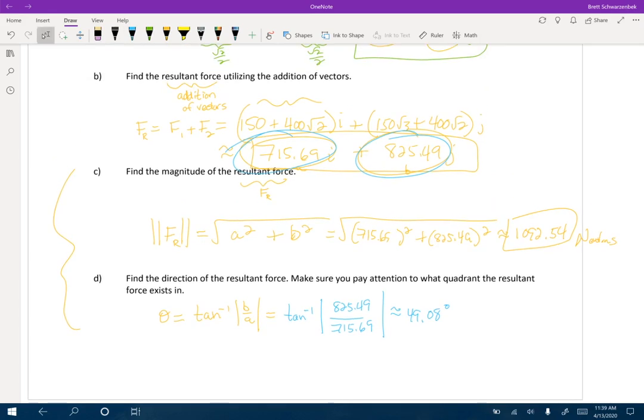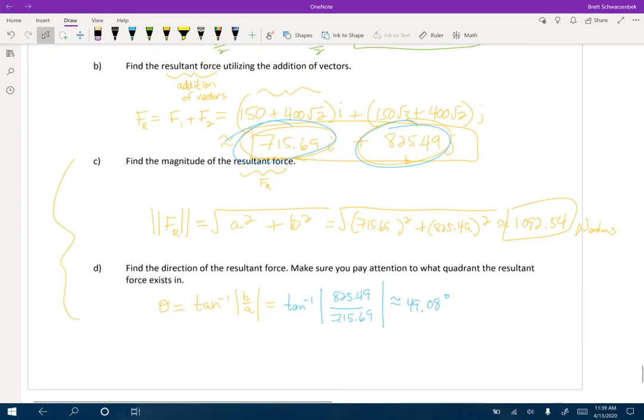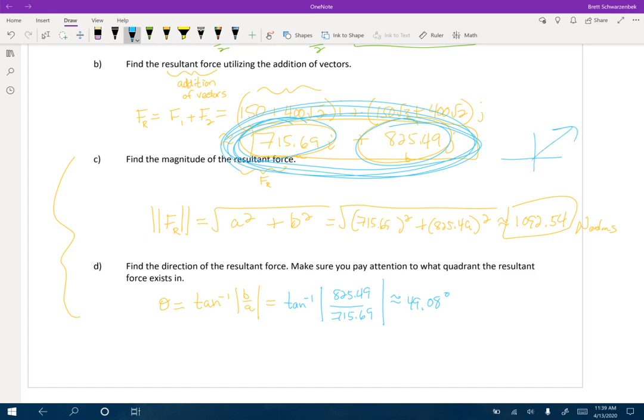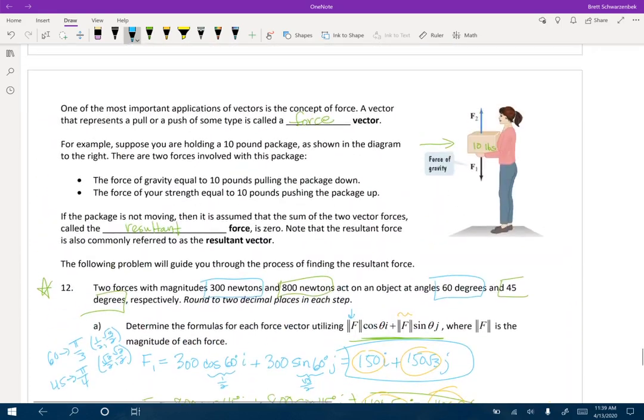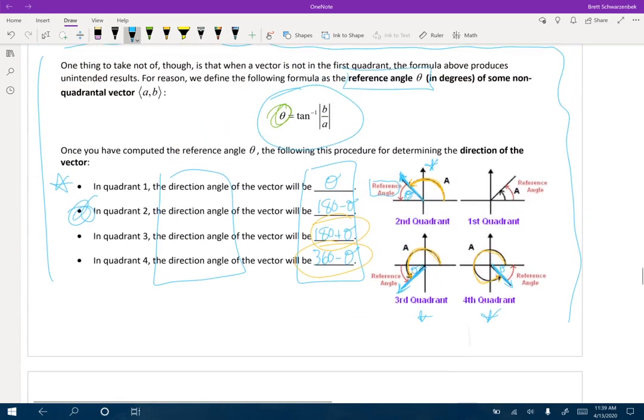So we don't know the direction yet. Technically we do, but depends if you're paying attention. So it turns out that if we're going to find the direction of the resultant force, then we have to look at what quadrant the resultant force is in. Since both the numbers are positive, that means it is somewhere in quadrant 1, which means if you go all the way back to our problems that we were doing, what was the direction angle in quadrant 1?